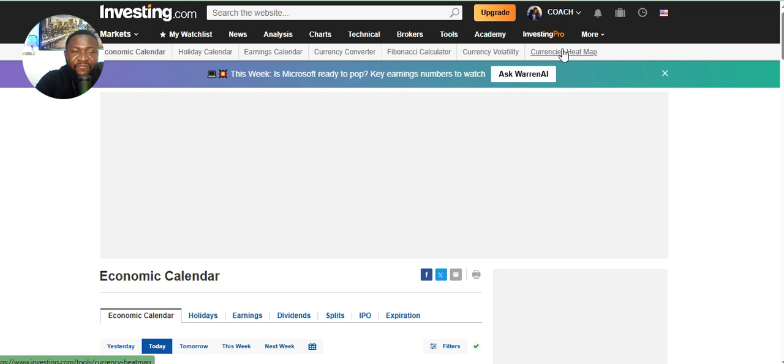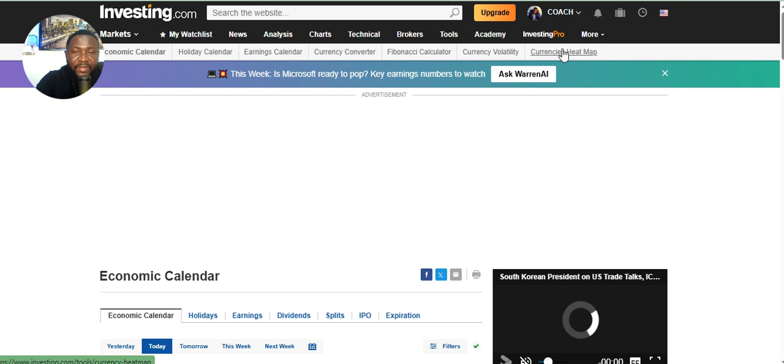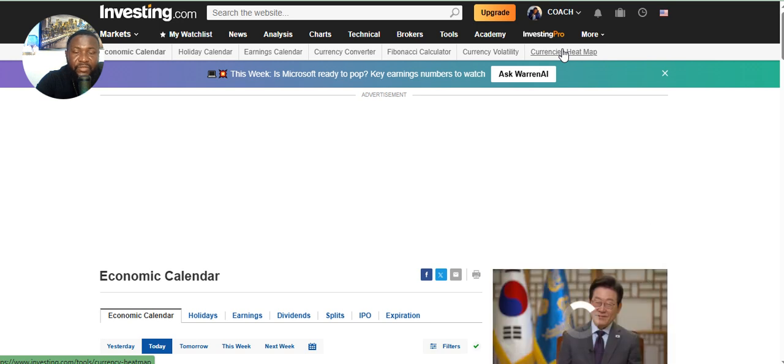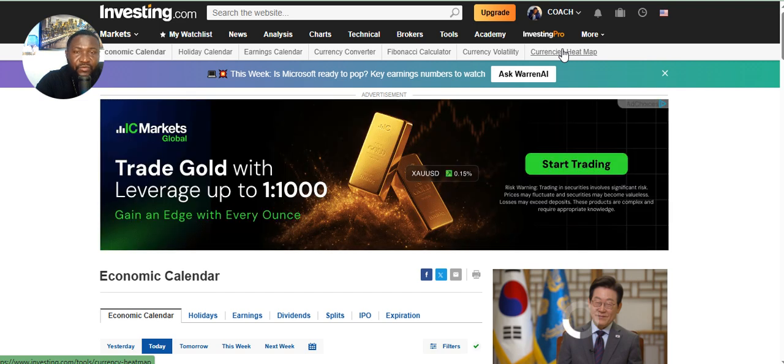The advice is that if you are using an economic calendar, the best thing to do is to use both of them, because there are some news items that can be listed on one economic calendar which you wouldn't find on Forex Factory or investing.com. So combine both of them and check their economic data before going in for any trade.